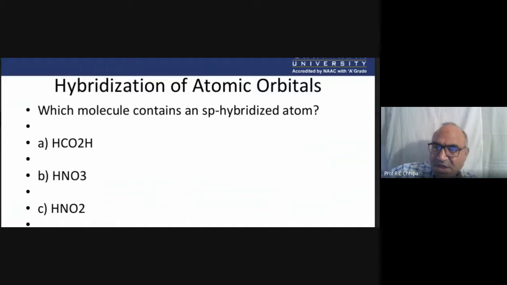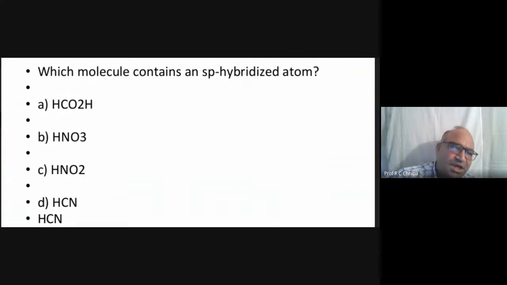Different hybridizations are there, and we can explain them one by one. This is one of the questions: which molecule contains an sp hybridized atom?